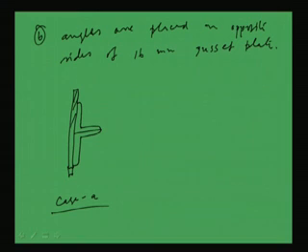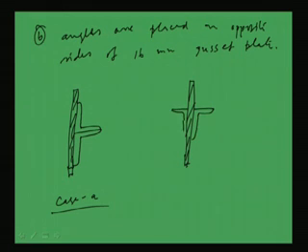This is the gusset plate and the orientation will be like this for case A, and for case B, if this is the gusset plate, then remember that longer legs are connected with the gusset plate.